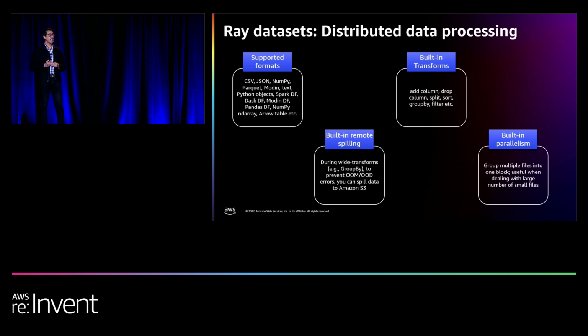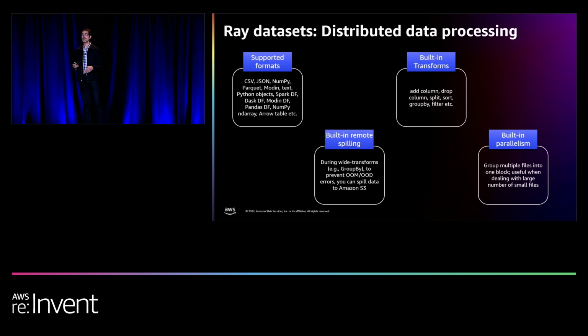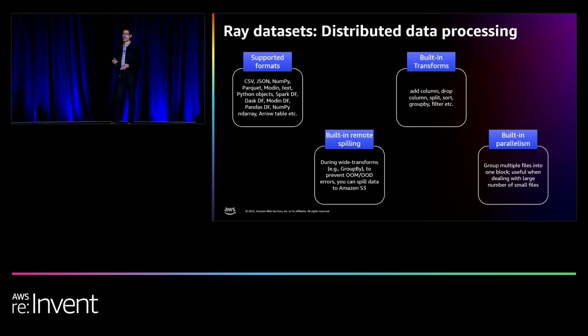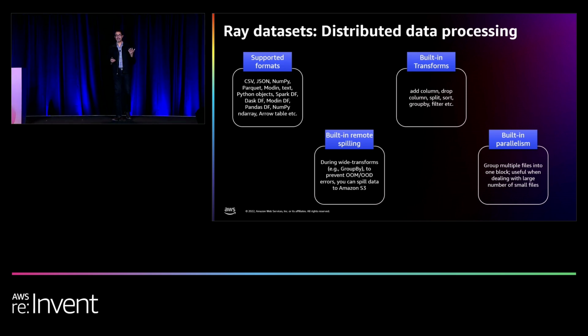Ray datasets enables parallel processing across data, and to make it easier to do data processing, it offers built-in distributed functions for sort, group by, add column, drop column, random data shuffles, and so on.